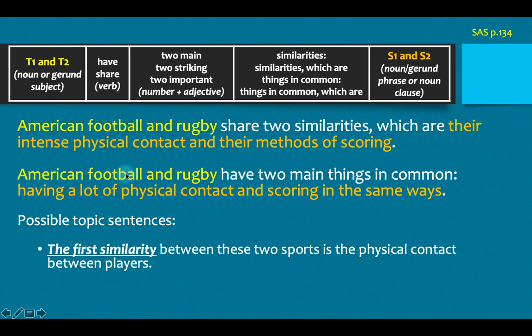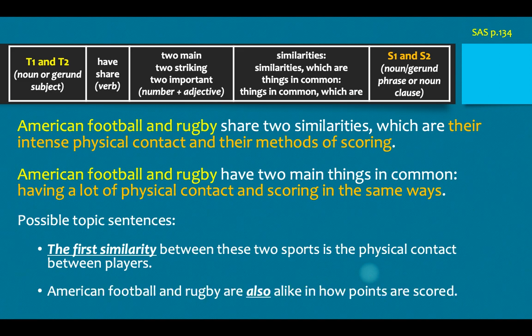So we don't really need to say American football and rugby again in the same way. We can shorten it a little bit and it makes it sound a little more natural. But then for the second body paragraph, we might say them again because we're further away from the thesis statement.